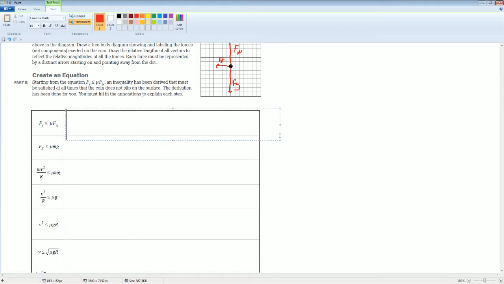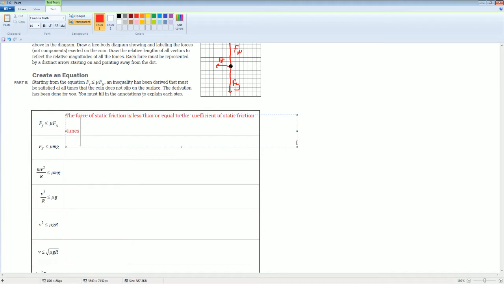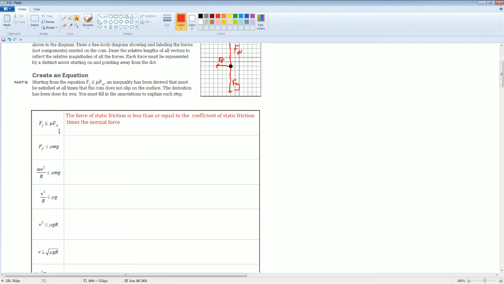This means the force of static friction is less than or equal to the coefficient of static friction times the normal force. Good? Because that's what Fn is.